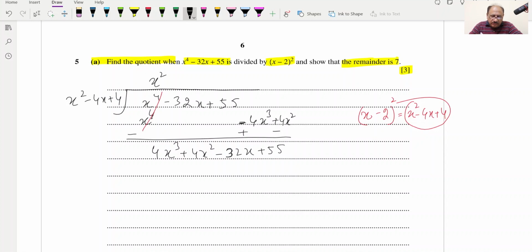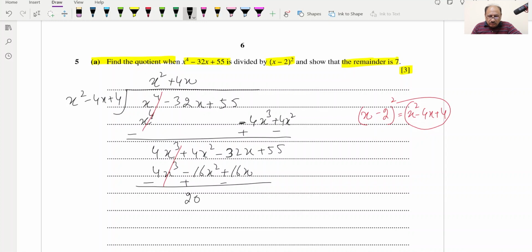Further we can divide by 4x, so plus 4x, and this will be 4x³, and 4x into −4x will be −16x², and 4x into 4 will be plus 16x. Change sign, cancellations.